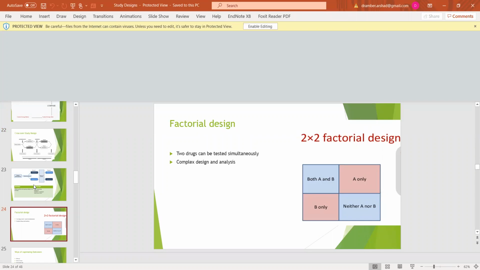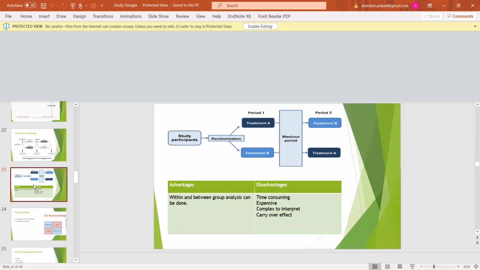The advantages, previous slide. The advantages of crossover design are that it allows within and between group analysis. In the previous design, we compared the outcomes of the study and control group, but this study design has an additional advantage: it allows us to do within group analysis, like the outcome measured after treatment A and then at the end after treatment B. But the disadvantages are that it is time consuming.